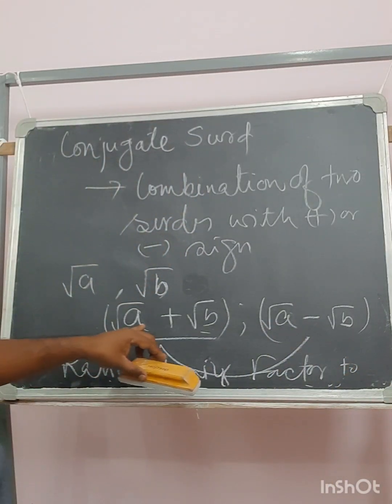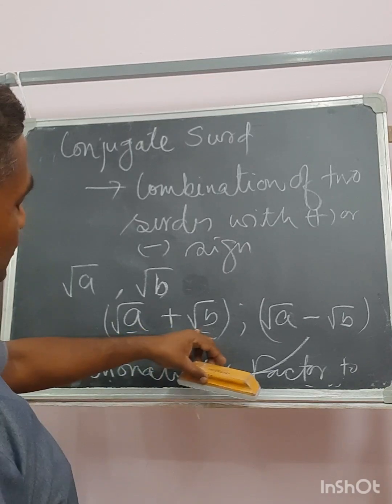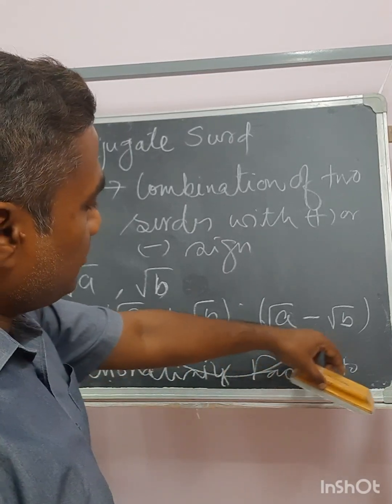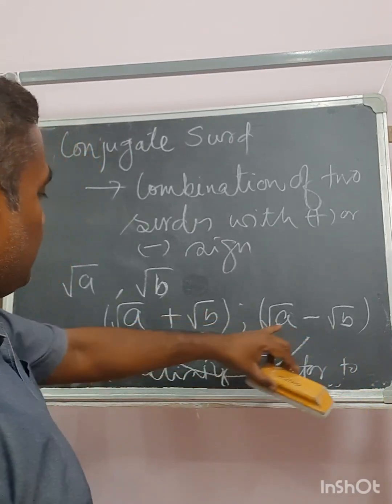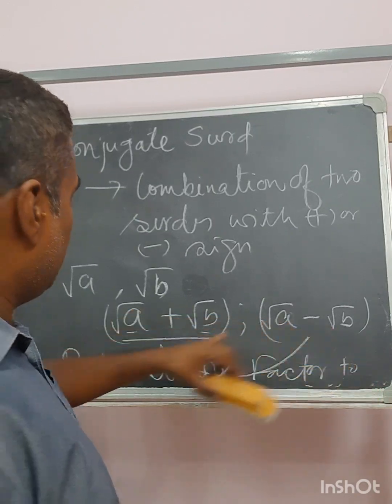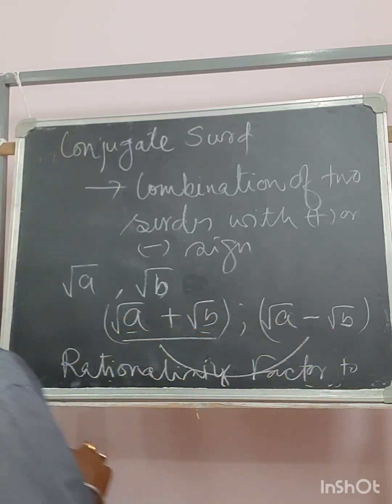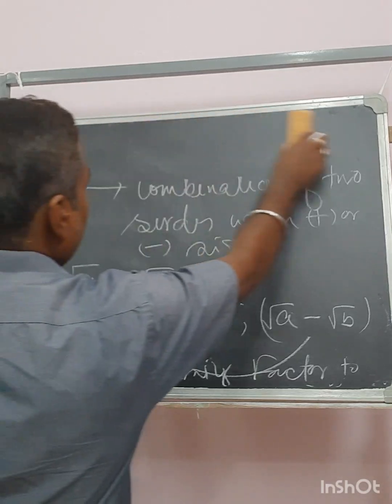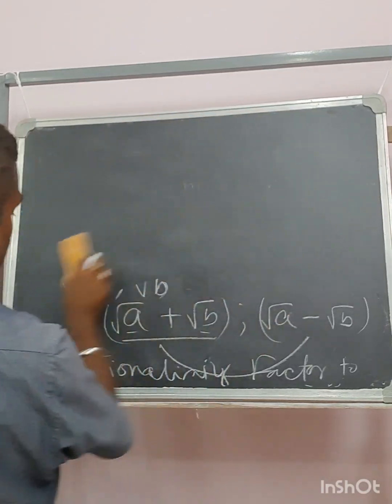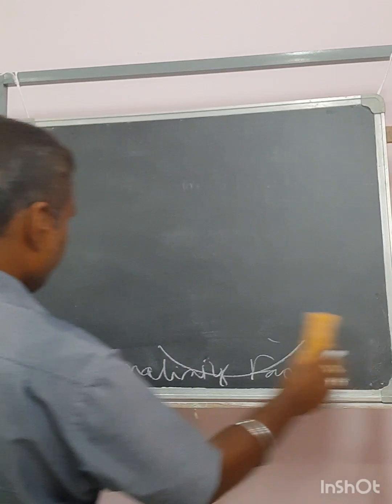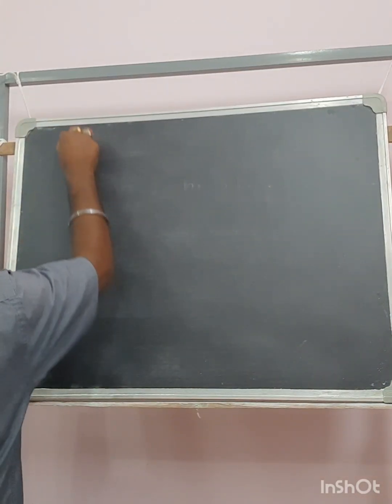That means if I want to rationalize root A plus root B, I need the help of root A minus root B, and if I want to rationalize this one, I need this one. So what is rationalization? Now the second term comes, the rationalization of any surd.